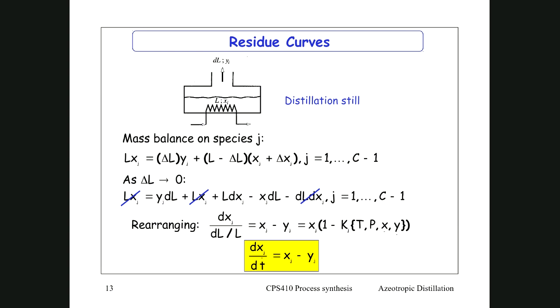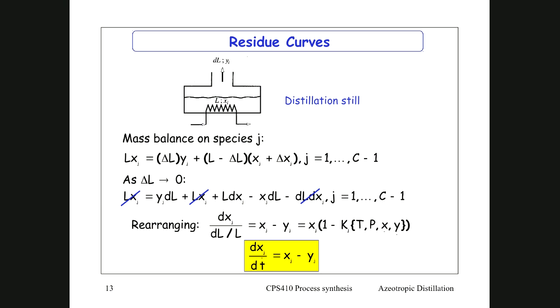I don't want to go into derivations, but essentially we want to look at a differential amount of Y leaving, and at the composition of the liquid that remains, the residue.